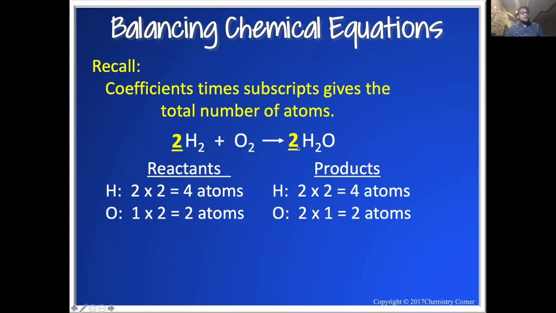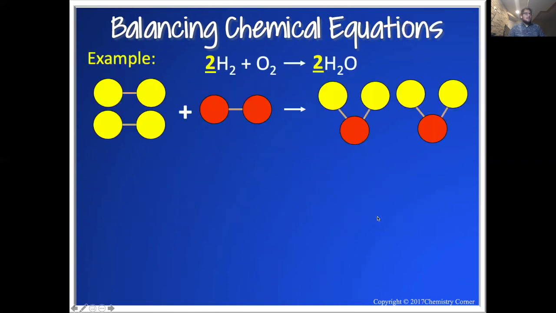And we can just do 2 times 1, and then I know that I've got 2 oxygen atoms overall. And we can double check our math by redrawing this little diagram, and we realize that 2 times the 2 in front of the H gives me 1, 2, 3, 4 hydrogens, and then 2 times the 1 in front of the oxygen gives me 1, 2 oxygens.